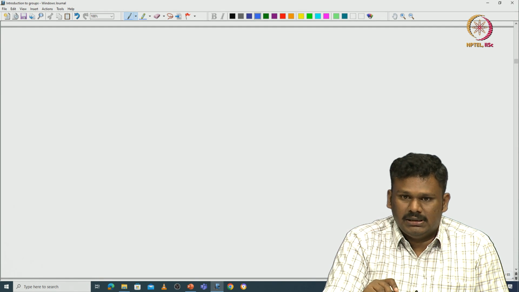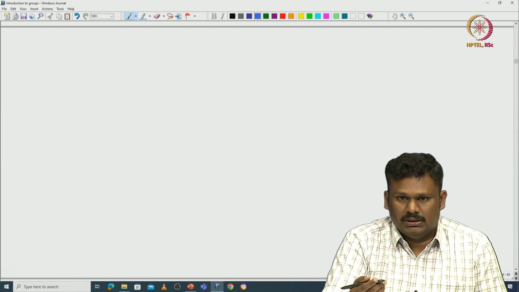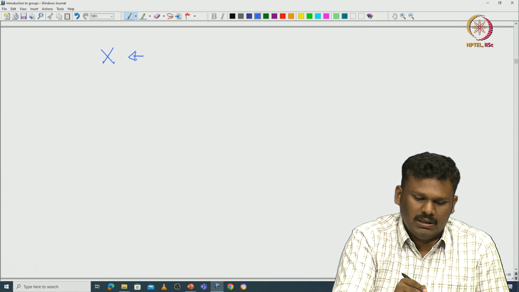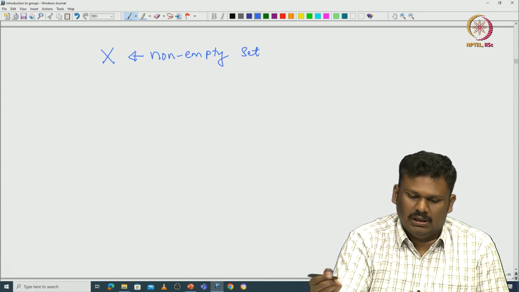But before that, it is easy to define what the symmetric group is in general. So that is the best way. What we can do, we can start with some set X. So let us begin with a non-empty set just to avoid some trivialities.